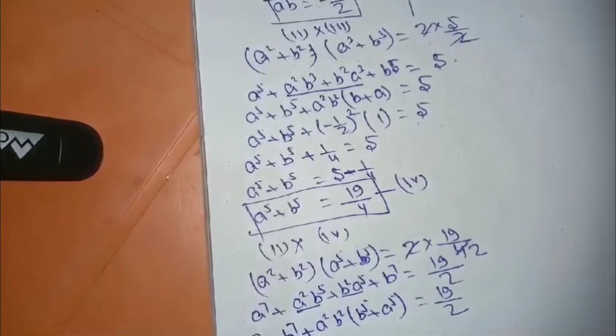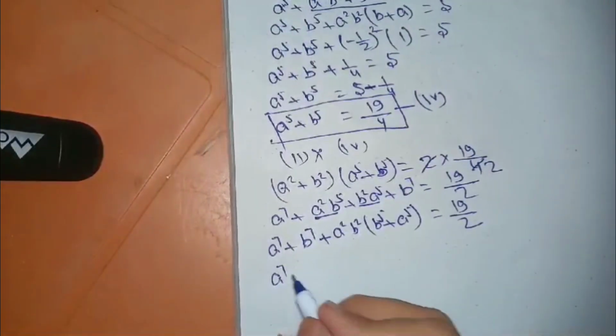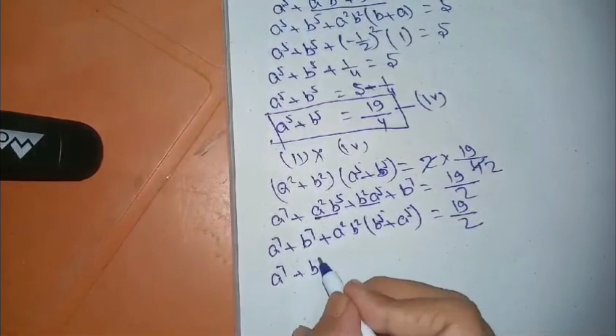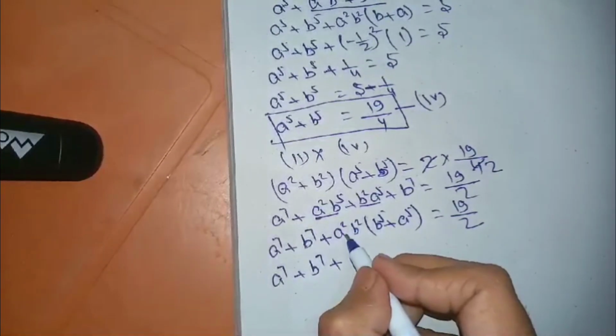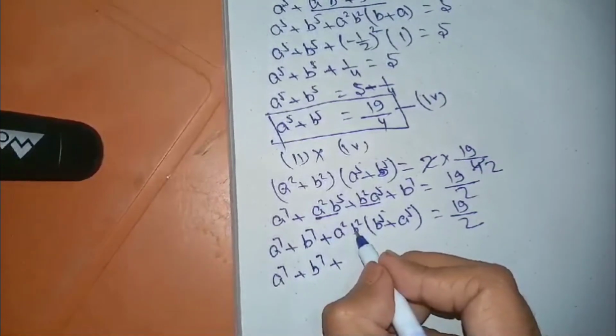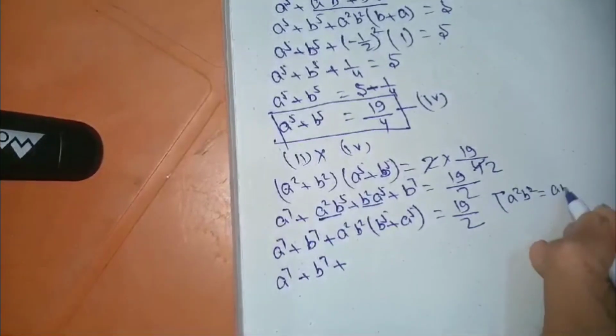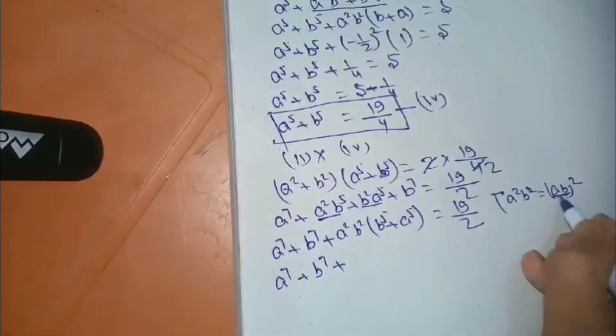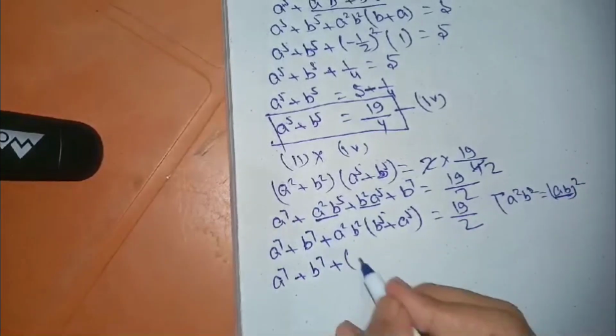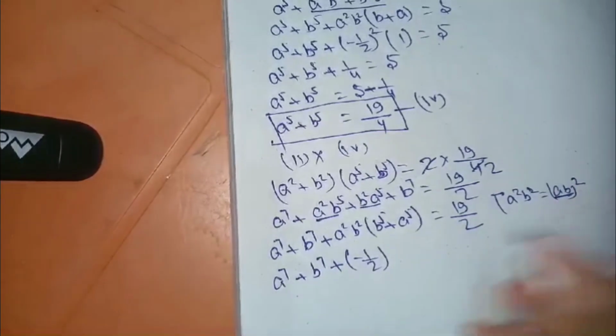So a to the power 7 plus b to the power 7 plus a square b square, which can be written as (ab) whole square. We already found the value of ab, which is minus 1 by 2, and we put the square.